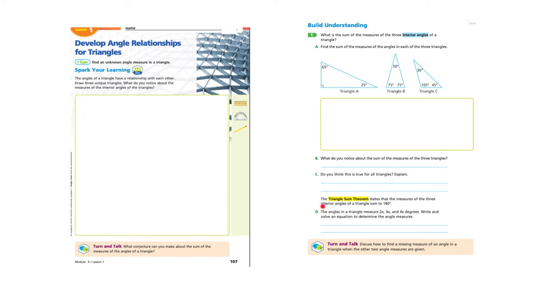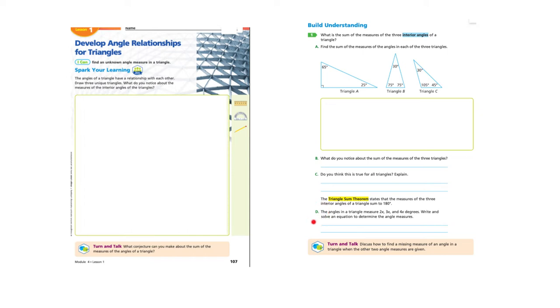And then here they give you this triangle sum theorem. It states that the measures of the 3 interior angles of a triangle sum or add to 180 degrees. And you should have figured that out on your own when you did those triangle measures there, the measures of the angles in each triangle.